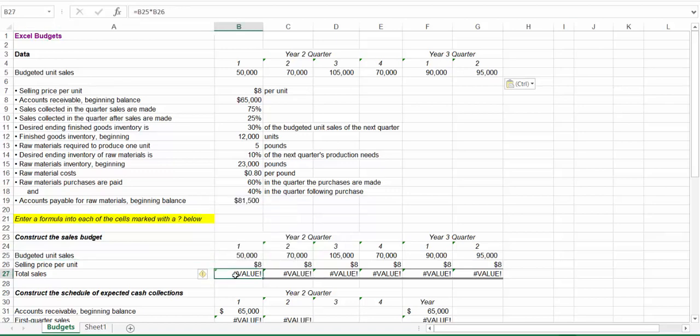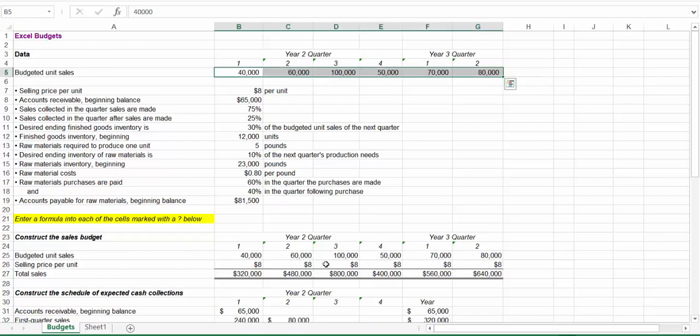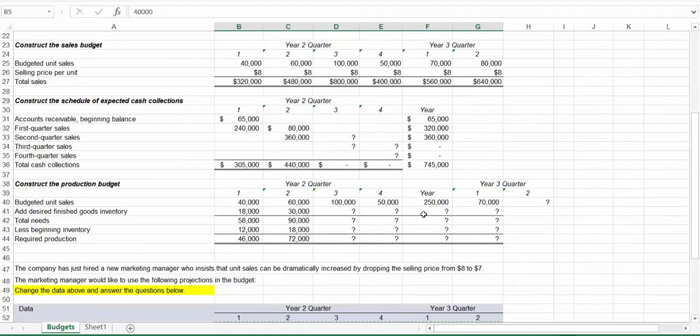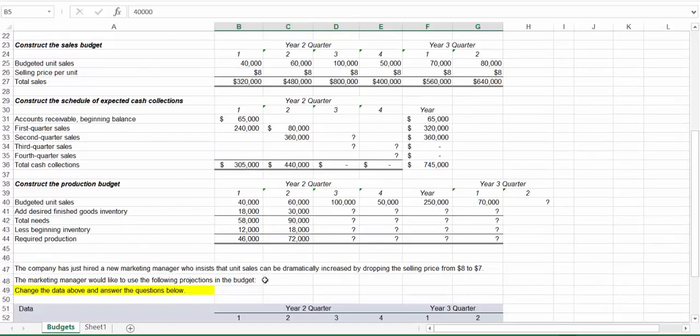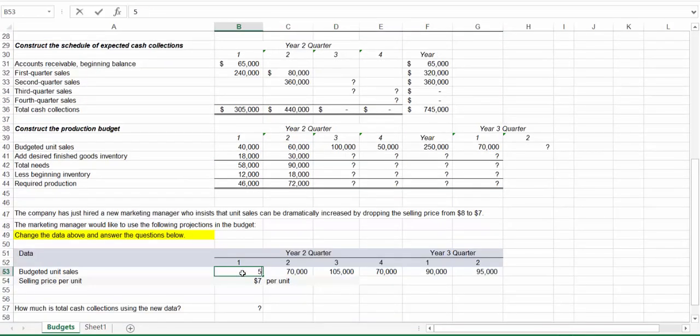Oh, I know what happened. There's something weird with this spreadsheet. These numbers are coming across as text instead of data. I remember this from previous that never got fixed. Just retype these numbers as numbers. Okay, now let's redo this.